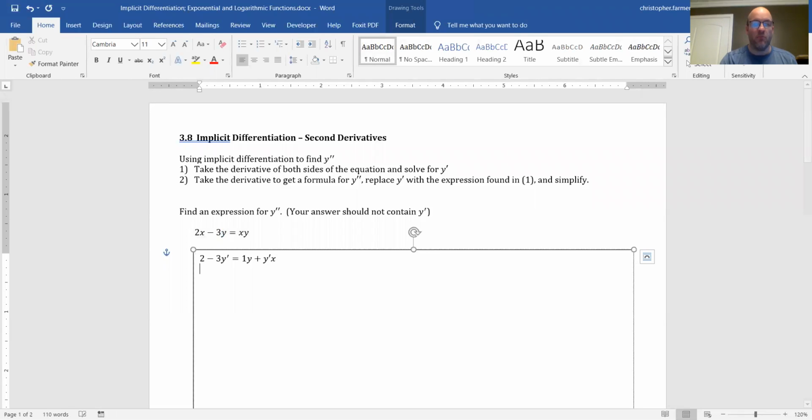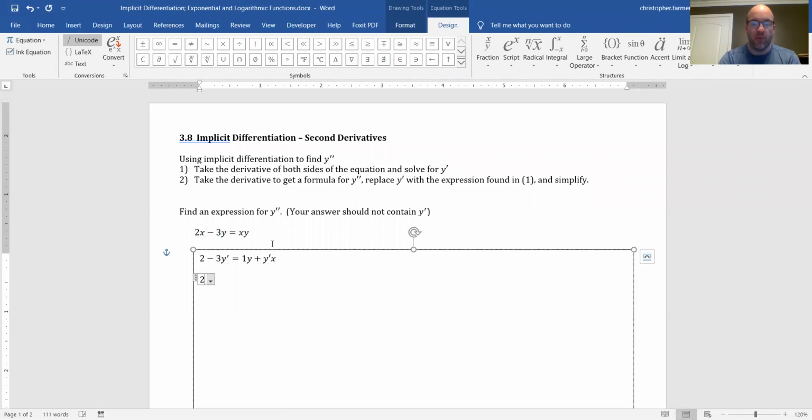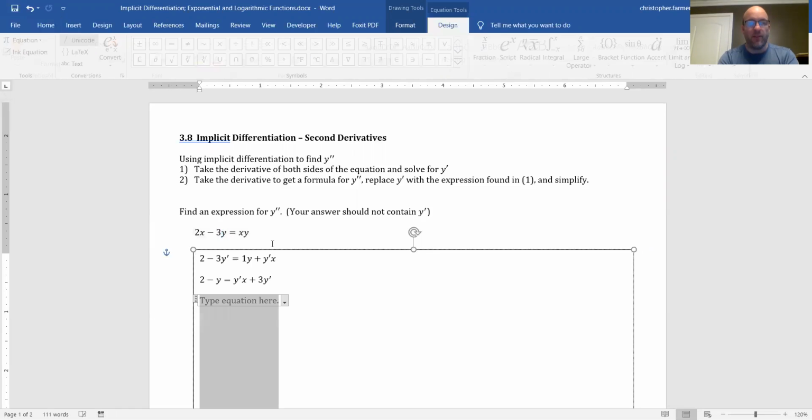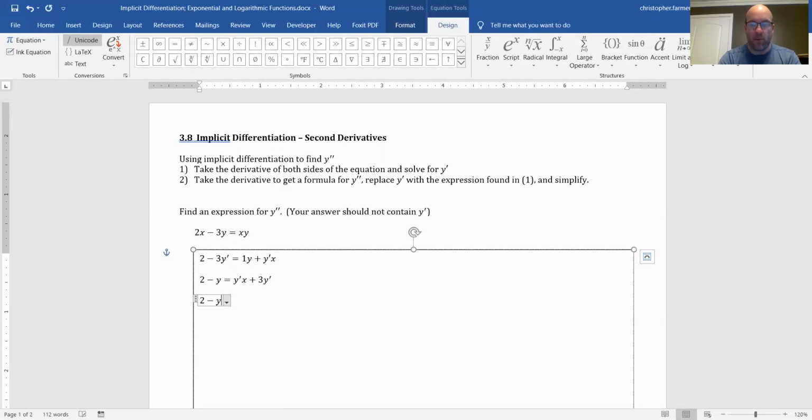Now it's just a matter of moving things around so that we get this solved for y prime. So I'm going to go ahead and subtract the y from both sides, add the 3y prime to both sides, and that's going to leave us with 2 minus y is equal to y prime x plus 3y prime. And as we saw previously, now we just need to factor out that y prime.